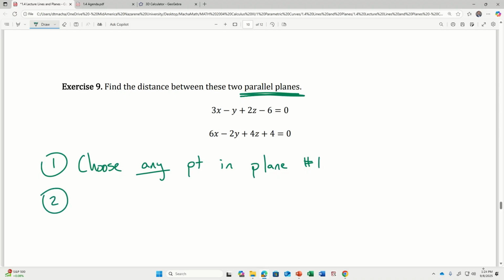And step number 2 is find the distance between the point Q and plane number 2.